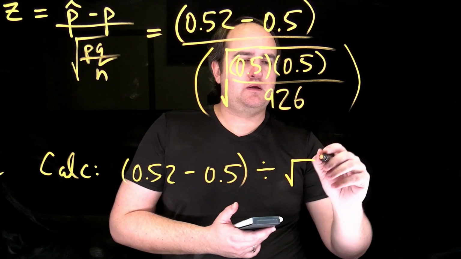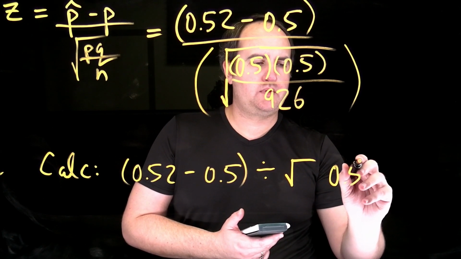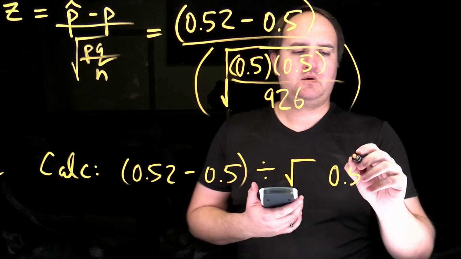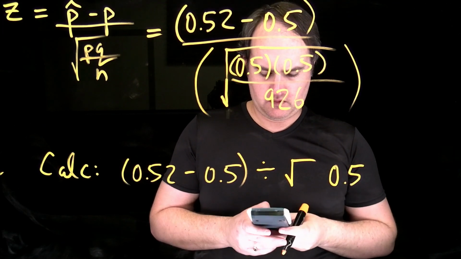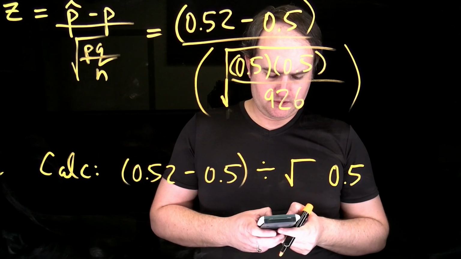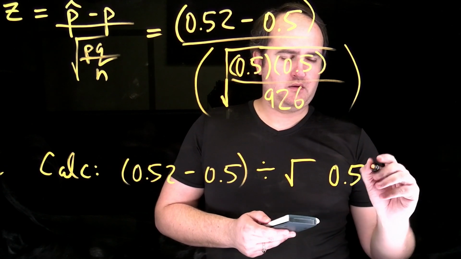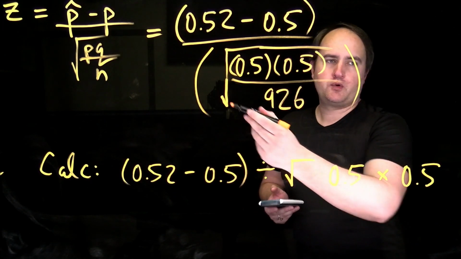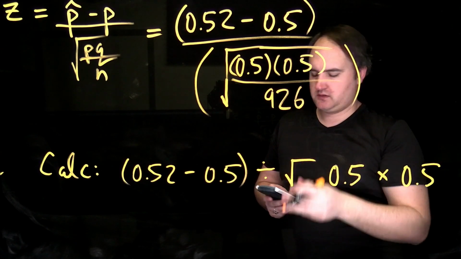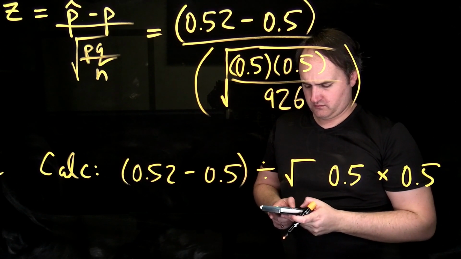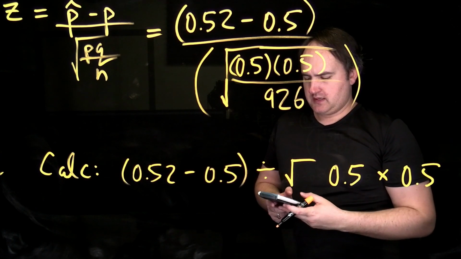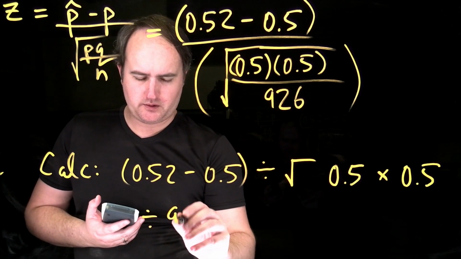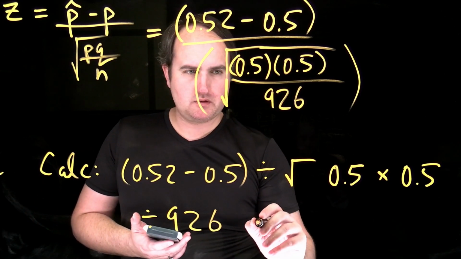And then I would type in 0.5 times 0.5, and then I would divide by 926. After we do all of that, we would just press enter or equals.